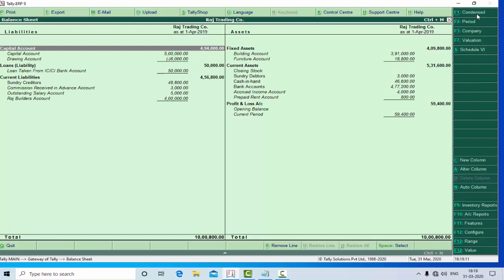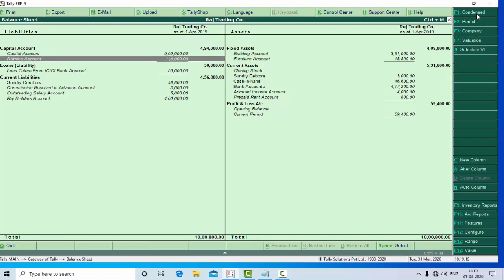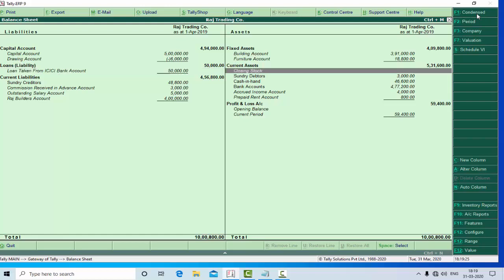You can see the detail of your group wise and ledger wise. Capital account, drawing account, loan taken from, all liabilities are on the left side and all the assets are on the right side. You can see the balance sheet of your transactions. So I think you understand.